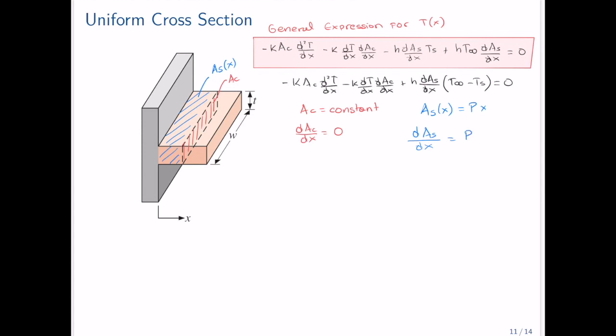Now, with these two values, we can simplify our previous equation. So we have that the derivative of Ac with respect to x is equal to 0. The derivative of As with respect to x is going to be equal to p.